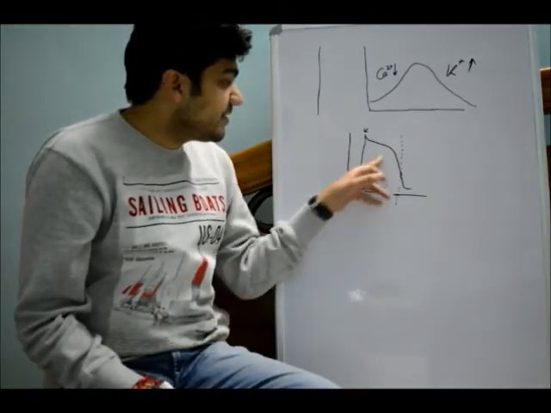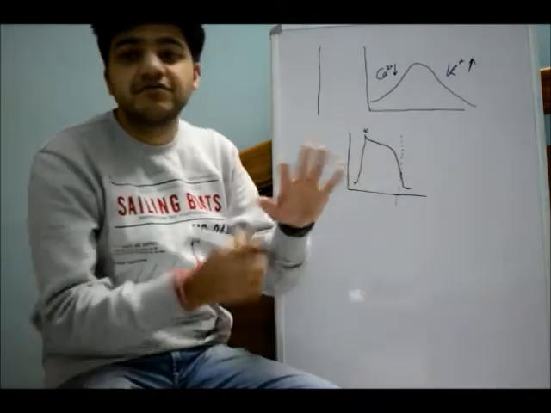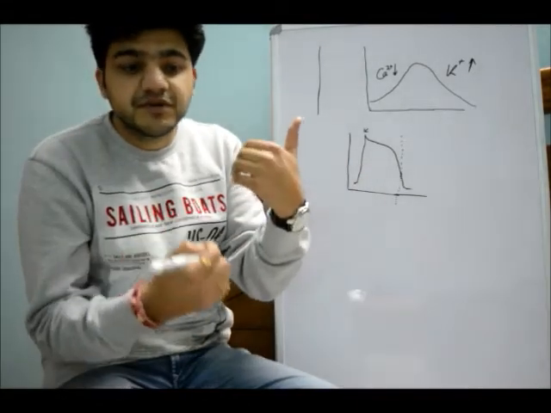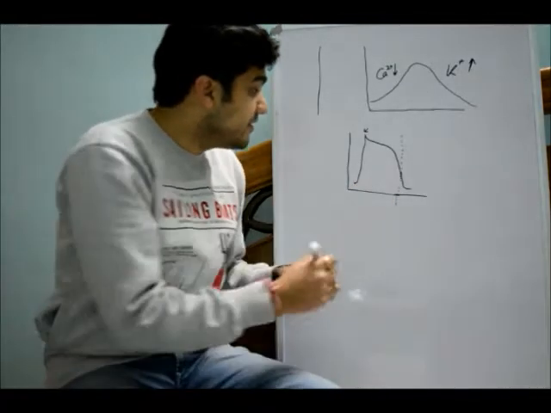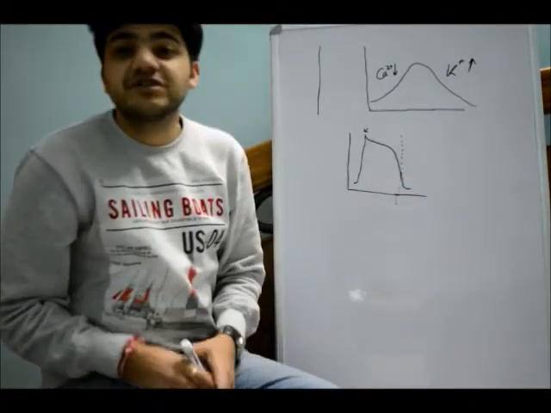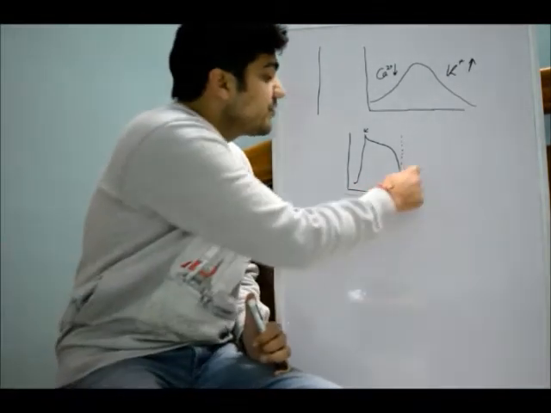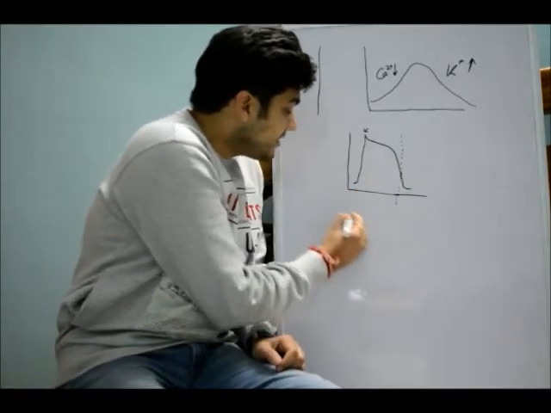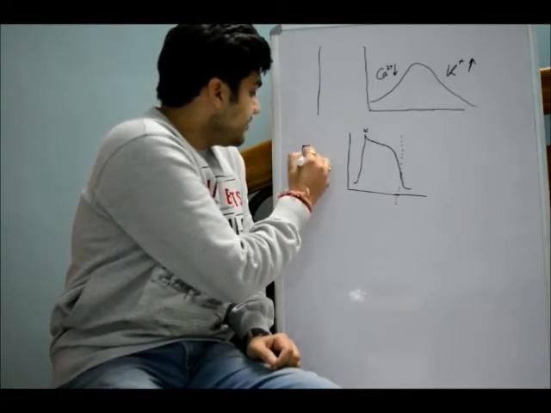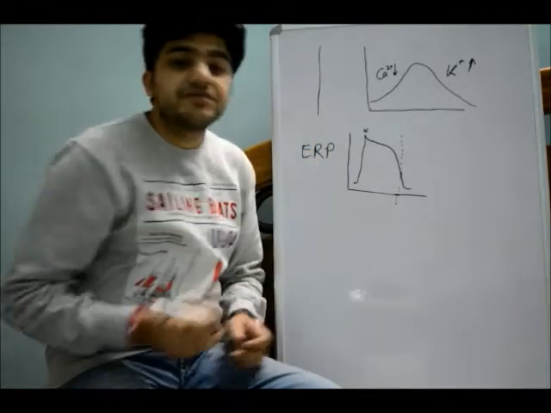So if you give a heavy stimulus at this point, there will be no stimulation of that cell, because it is already undergoing an action potential. But beyond this point, a strong stimulus might lead to another action potential. So that period is called the ERP, or the effective refractory period.